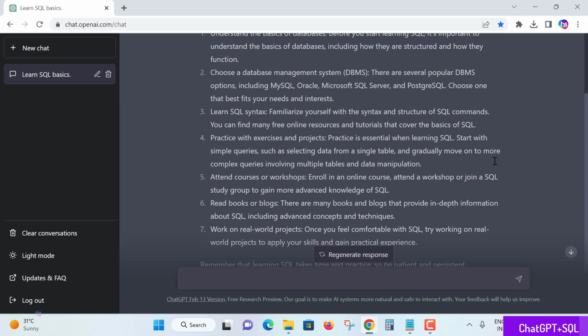The next point we'll discuss is practicing with your own exercises and projects. You can easily create your own project with SQL statements or tables, and you will learn something new by writing aggregation functions, creating reports, filtering data, complex queries, joins and inner joins.